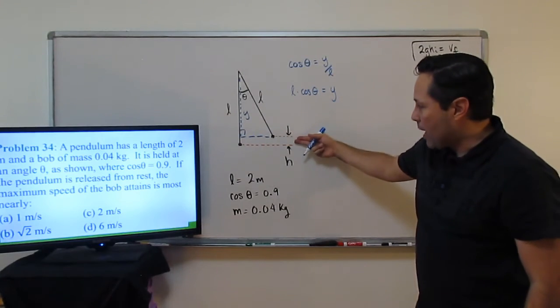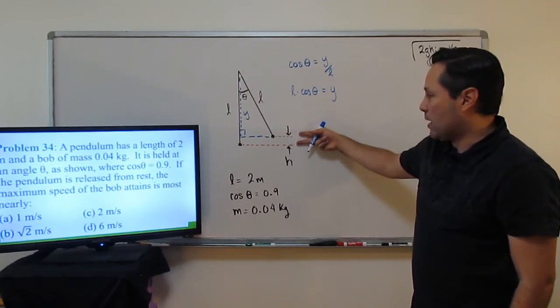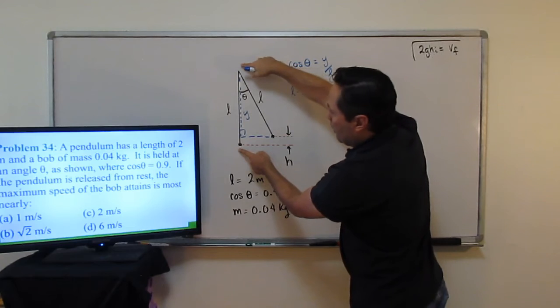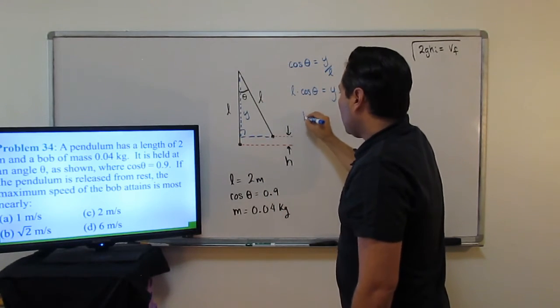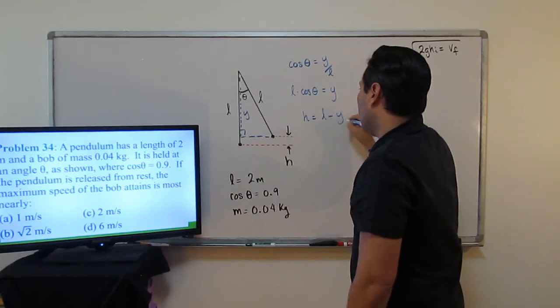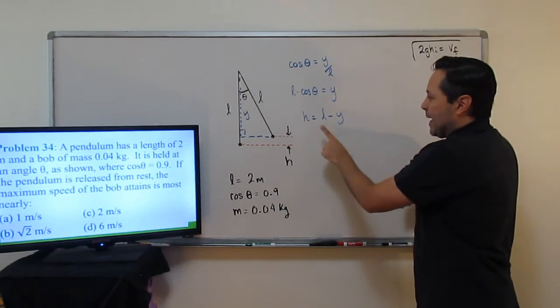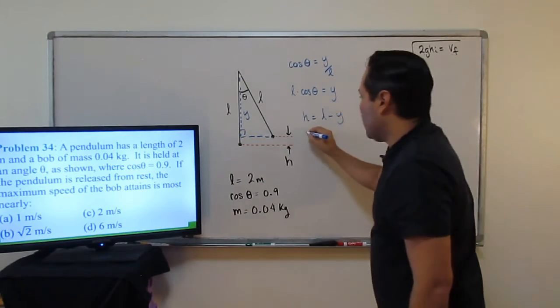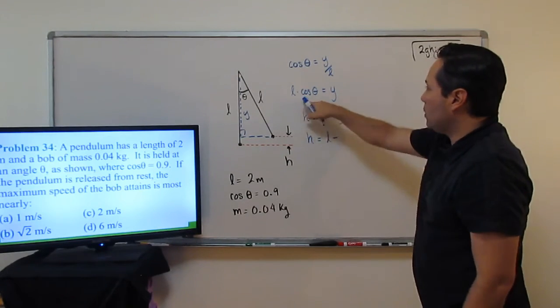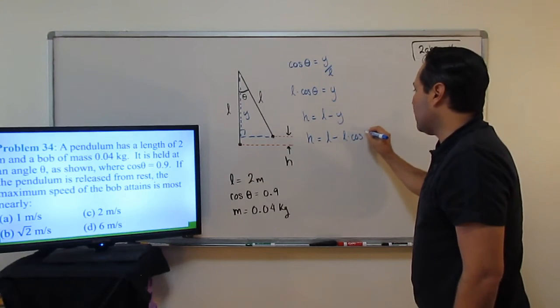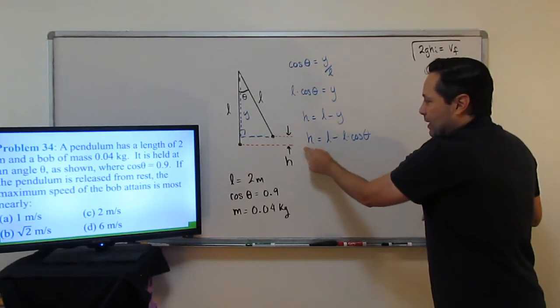Next, to solve for the height, the difference between both of these red lines is the total length minus the length of y. So height is equal to length minus y, which is length times cosine theta. So height is L minus L cosine theta. That right there is our height.